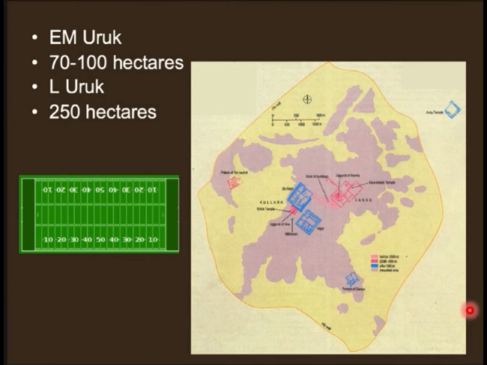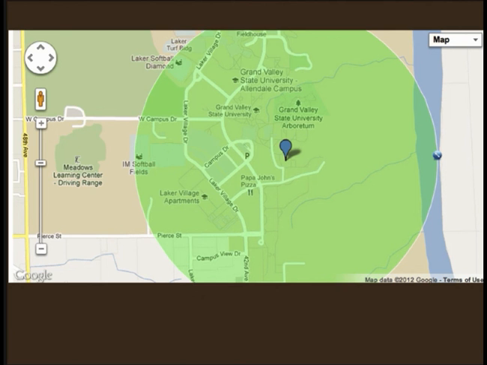This is unheard of for the time period. Right? At the time, most areas of the world are living in villages of several hundred, maybe even a couple of thousand, but not 50,000 people in a 250 hectare city.